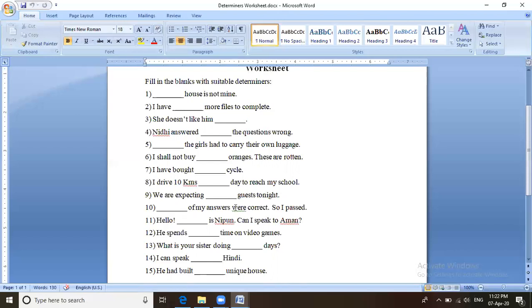See, in the 10th one, you have to pay attention to the verb here. It's a plural verb.